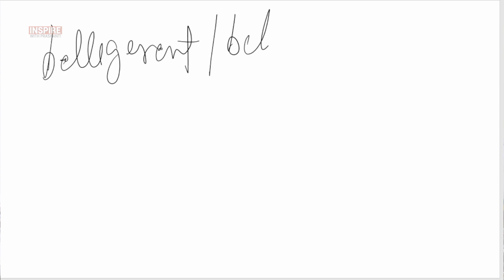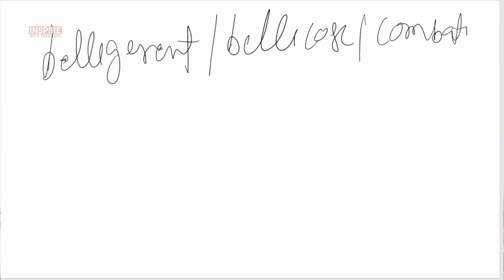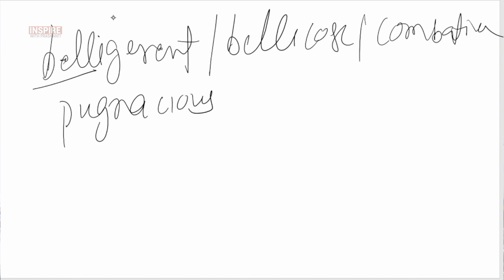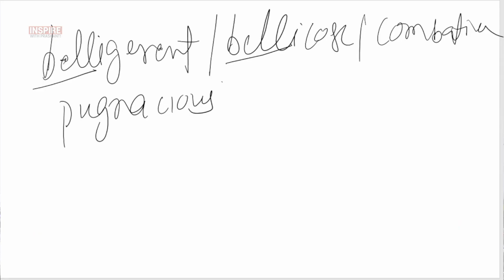When people are aggressive, you got to remember these very important words: belligerent, bellicose, combative, pugnacious. Now, belli itself is a root word for war. So a warlike personality, people who are warmongers, always ready to fight.